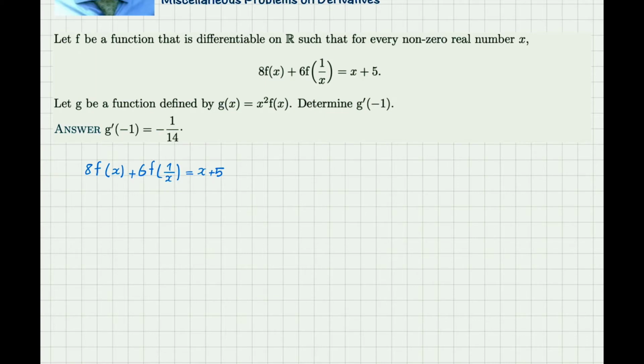So let x be a non-zero real number. When x is non-zero, then 1 over x is also a non-zero real number. Yes, that is clear.